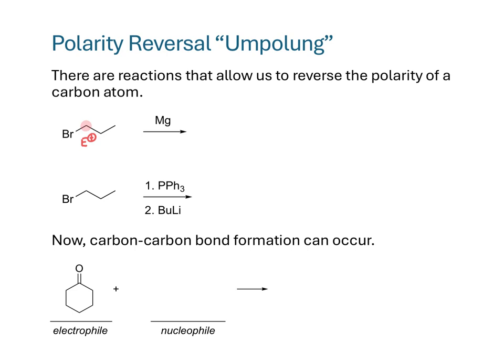If we add magnesium to this, the magnesium inserts itself between the carbon and the bromine. And now, because the magnesium is our more electropositive element, the carbon is now electronegative. So we have the magnesium, delta plus, the carbon, delta minus, and now this carbon is a nucleophile.